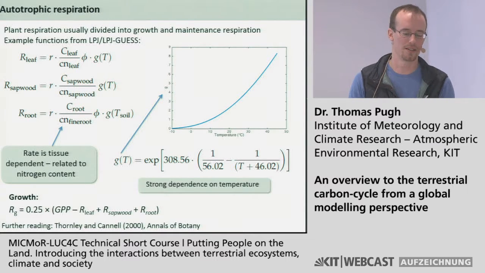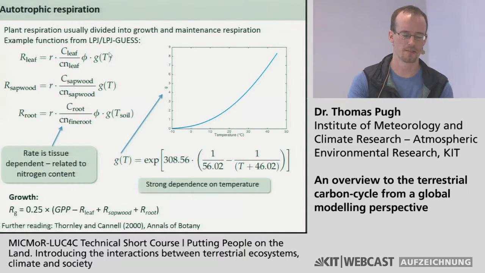And we model these simply, at least in LPJ-GUESS, but this is generally representative. It's a function of the species, the amount of carbon in the tissue, and the carbon to nitrogen ratio in the particular tissue. So we have different rates of respiration in leaves versus in wood versus in roots, depending on the amount of nitrogen relative to carbon we have there.